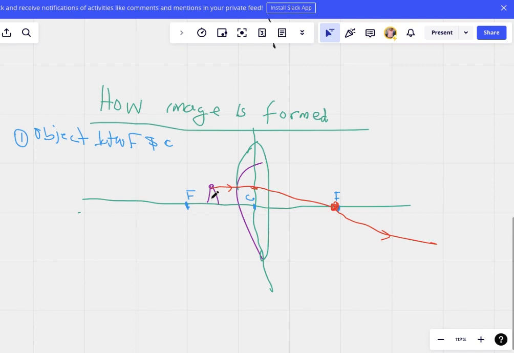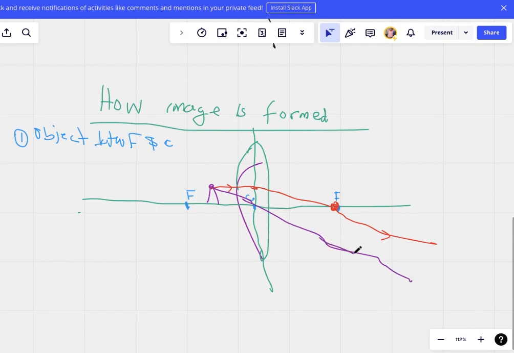Then, remember, let's change the color. Any ray that is coming through the optical center, because the light will also shine through this optical center, will remain undeviated. These two rays will keep spreading out.